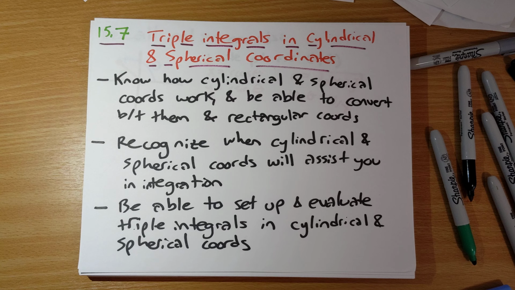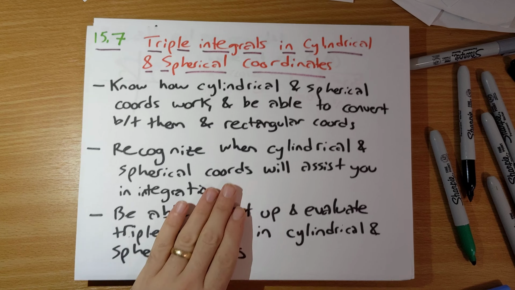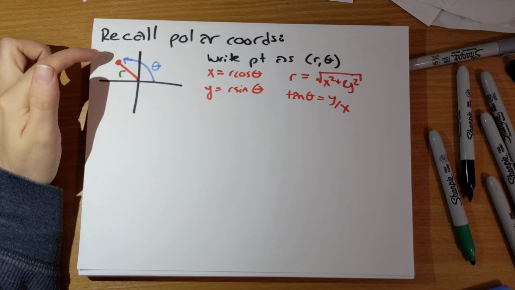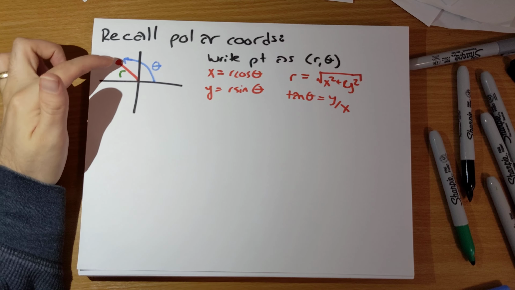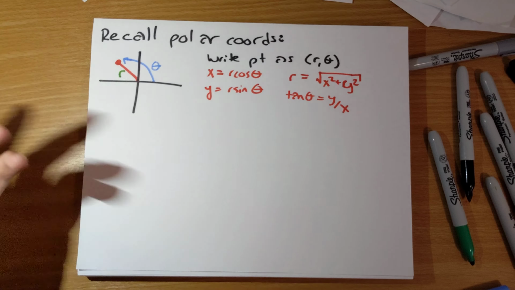So what's going on in this section for cylindrical and spherical coordinates is that these are going to, in some ways, be three-dimensional versions of polar coordinates. So let's just recall polar coordinates right here. How do we write points in polar coordinates? Well, this point right here, you call x comma y.